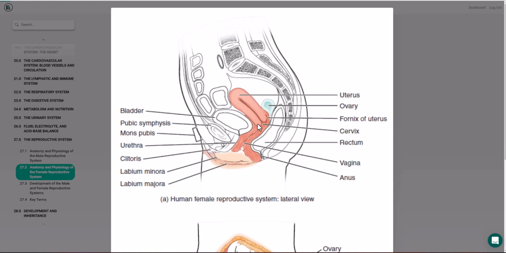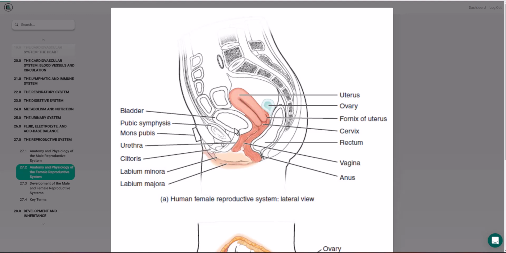The very end of the uterus is called the cervix, the neck of the uterus, and that projects down into the vagina. And we can see here too the relationship of the uterus with the rectum and the uterus with the bladder.